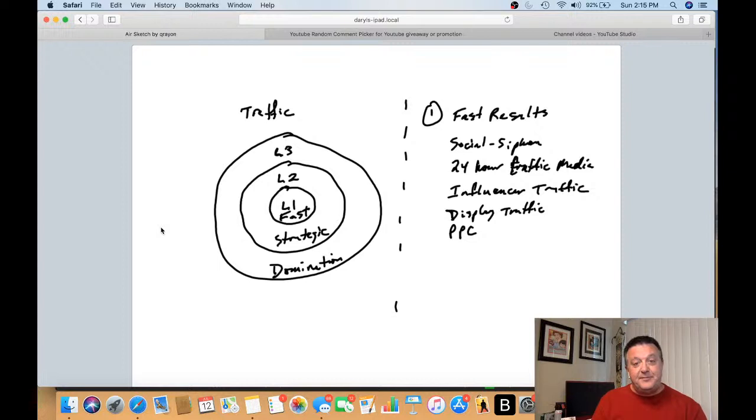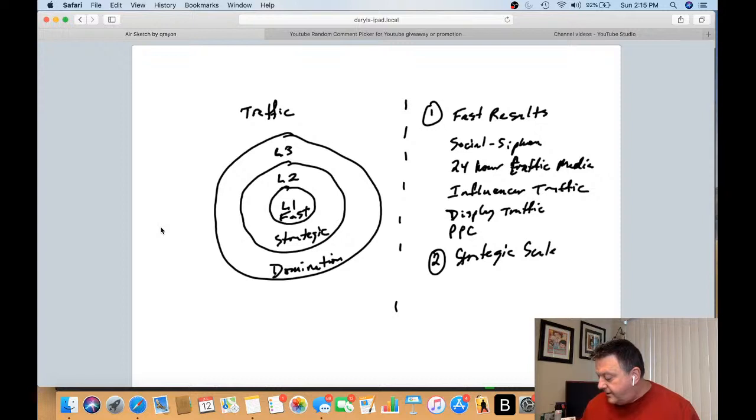Okay? So let's go on to number two, and that's called strategic, and it's actually strategic scale traffic. Now, this is more advanced, and you don't immediately jump into doing this.